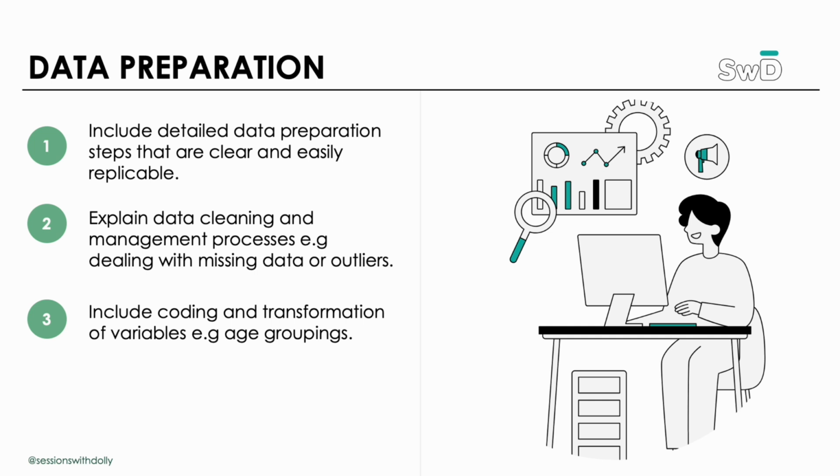For instance, in the last session we talked about age being a continuous variable, and sometimes during the analysis process some analysts may prefer to transform the data and group it so that it can provide more insights between the different age groups.